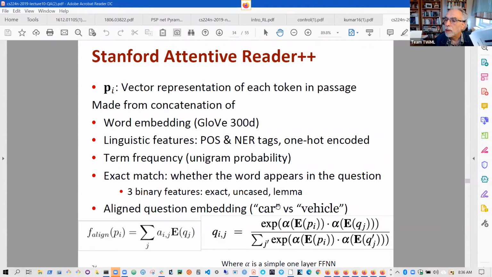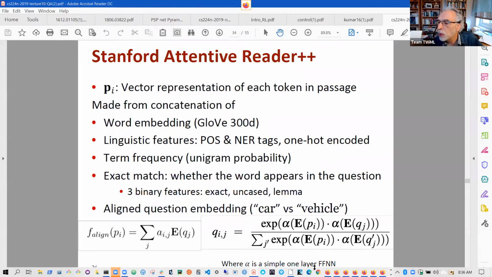Okay, aligned. And then there's this other feature, which I'm not sure about. It's called an aligned question embedding. So this apparently comes from a whole other neural network. The alpha is an attention score, it's all computed by another neural network. So it's a little bit complicated.